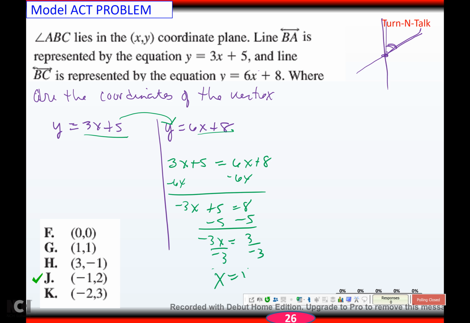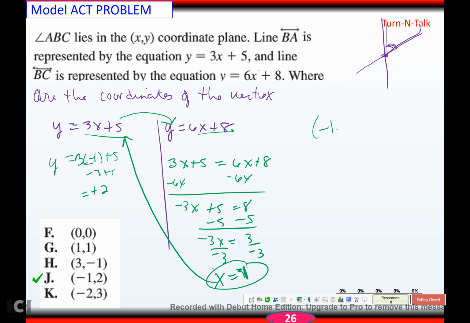X equals negative 1. Yeah? To figure out what y is, plug it in. I get y equals 3 times negative 1 plus 5. That's negative 3 plus 5 is positive 2. So their intersection point is at negative 1 comma 2.